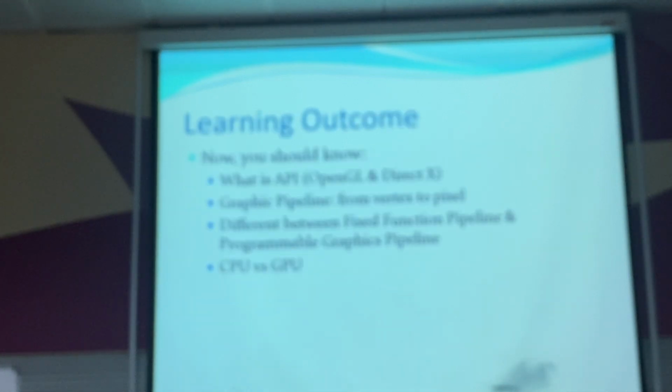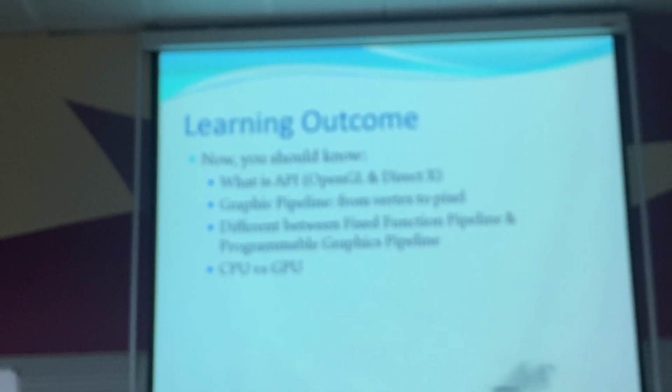So that's all for chapter 2. Now you should know what an API is. It's actually a graphic library with a set of graphic functions that you can use to communicate your program with the hardware. And the graphic pipeline, how you convert from vertices to pixels, has 4 main components. What are the 4 components?